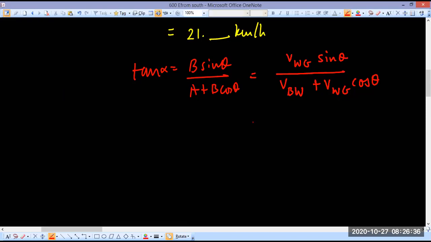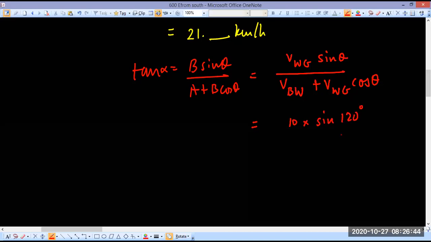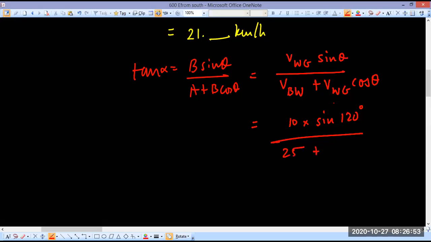So let's put values. VWG is 10 sine theta. Theta is 120 degrees, don't forget that. Divided by VBW, which is once again 25, plus VWG, which is 10 cos 120 degrees.